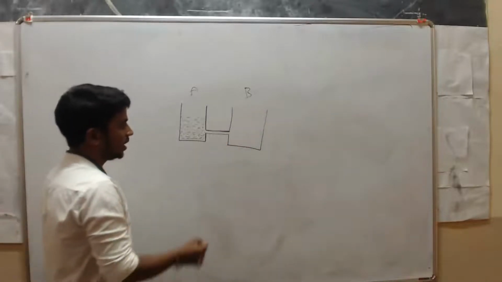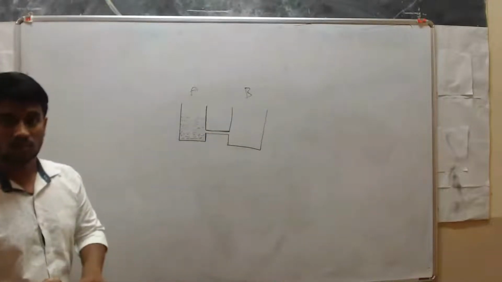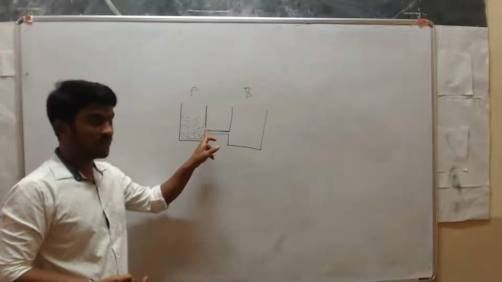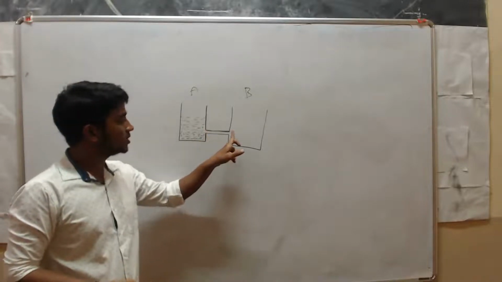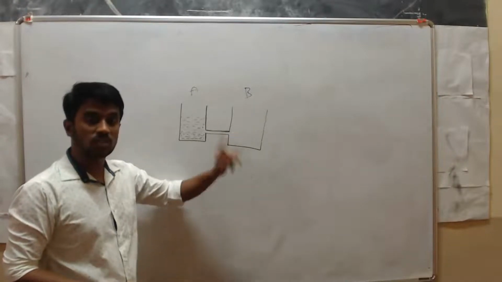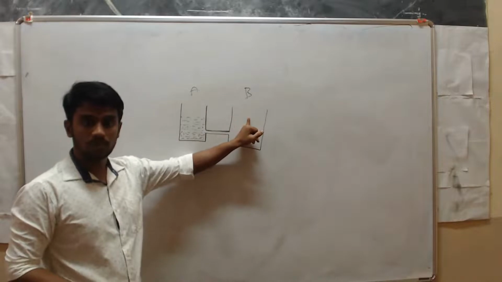Because at this end and this end there is a difference. What is the difference? Sorry, pressure difference, right? So pressure difference is there, and that's why water enters from A to B.